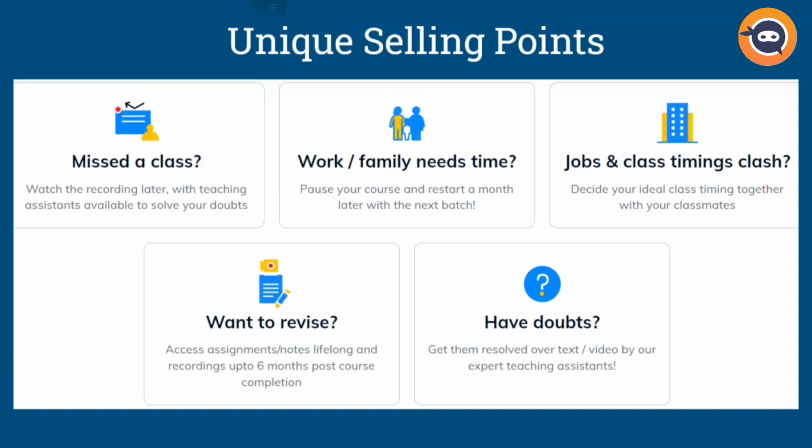Unique selling propositions of Scaler Academy can cover the following points. The Scaler Academy, as I mentioned, offers you online study, online programs. So what are the unique points that you can talk about? It offers a very flexible curriculum. It offers a lot of flexibility because this platform is for working professionals.